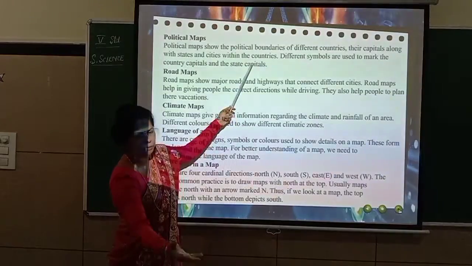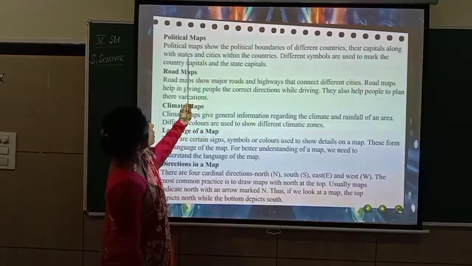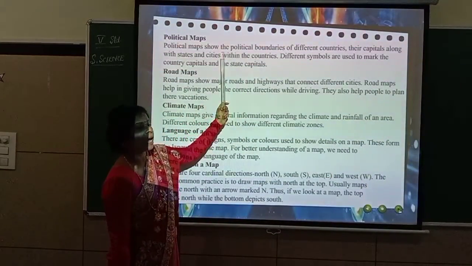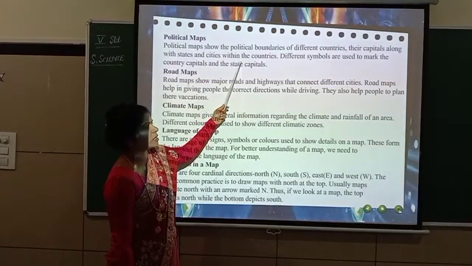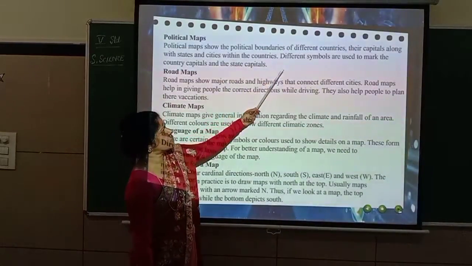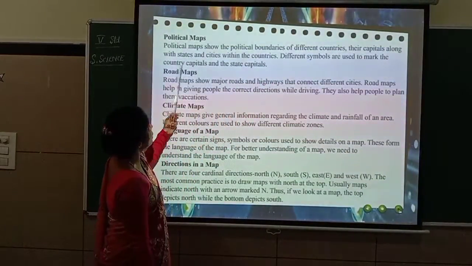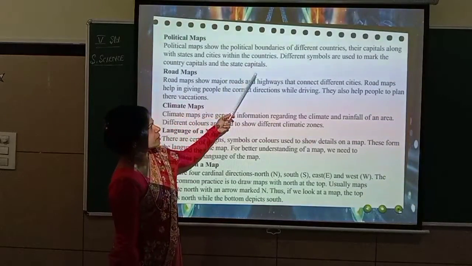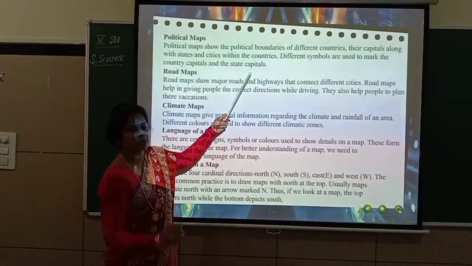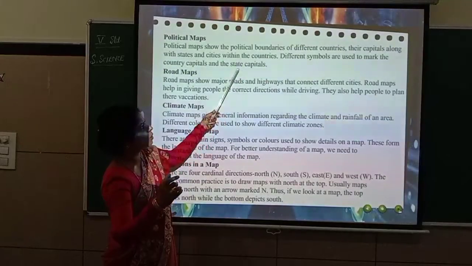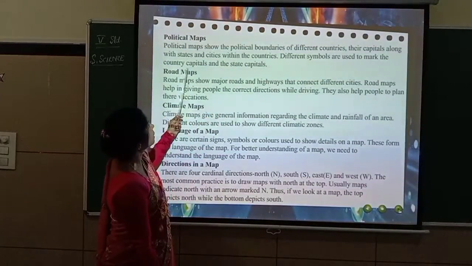If you take only India, there are different states and cities and they have got their own capital cities also. Different symbols are used to mark the country capitals and the state capitals. So they use different types of symbols, means signs, to mark the country capital.